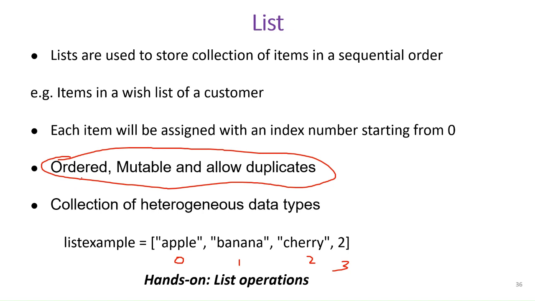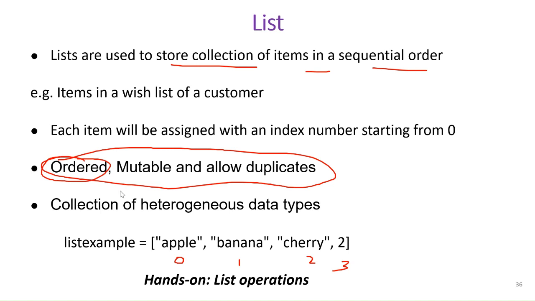So that is why list is an ordered collection of items. See the first point, it is used to store the items in a sequential order starting from 0, 1, 2, 3. Index 0, index 1, index 2, index 3. So it is ordered.